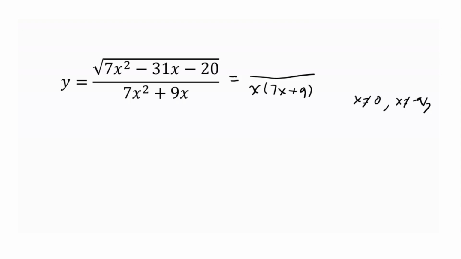Okay? Now up top, my radical is a square root, so I'm going to factor what's inside there, and I would get 7x plus 4 times x minus 5.